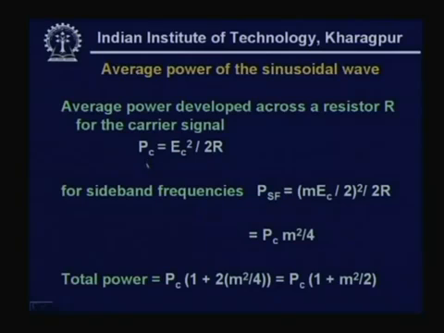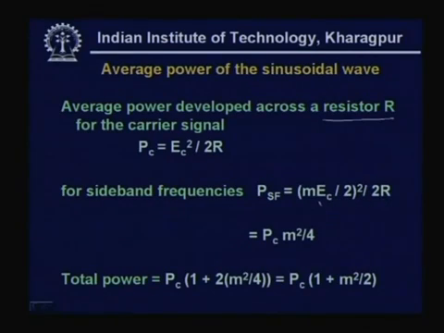So, let us assume that the power is developed across a resistor of value R, then for the carrier the average power is equal to Ec square by 2R, and for the sideband frequencies, this is for a sinusoidal wave, for any one of the sinusoidal frequencies, the voltage is m Ec by 2. So, that is V square by 2R.